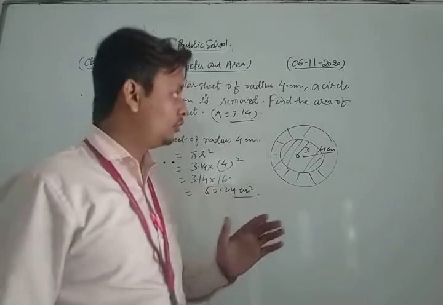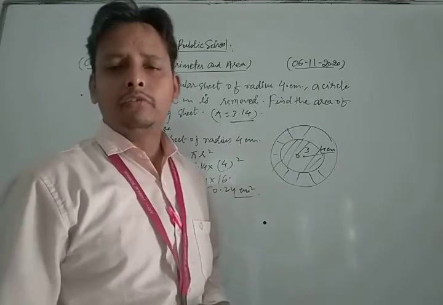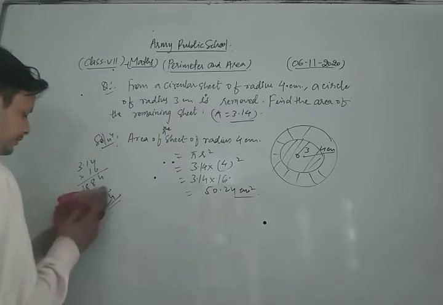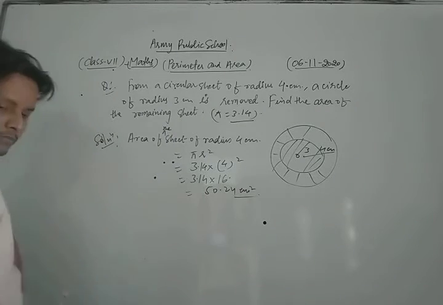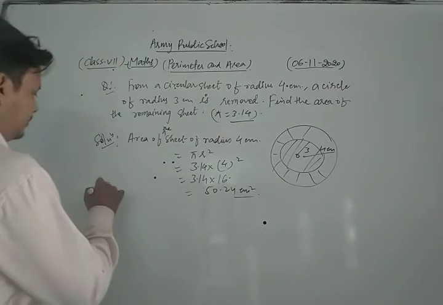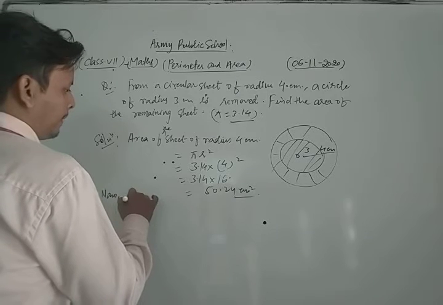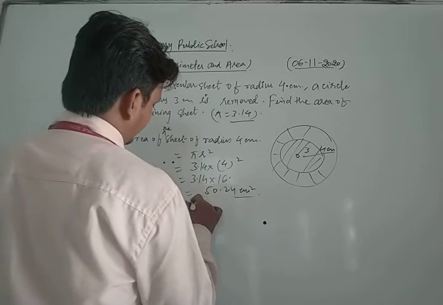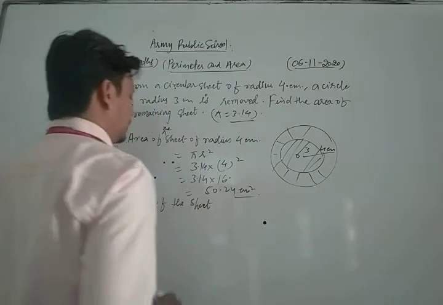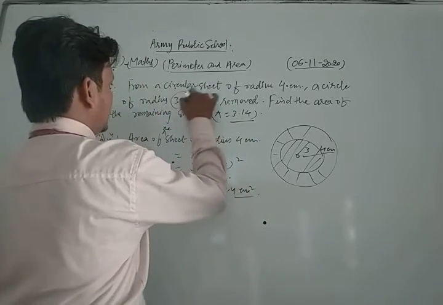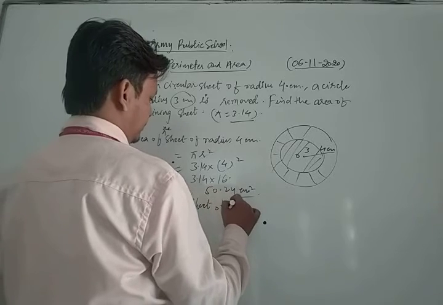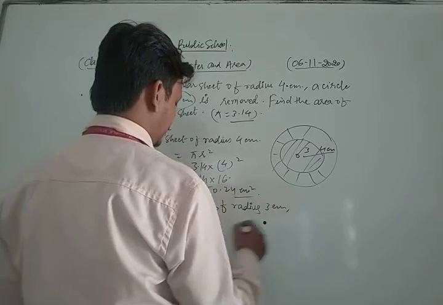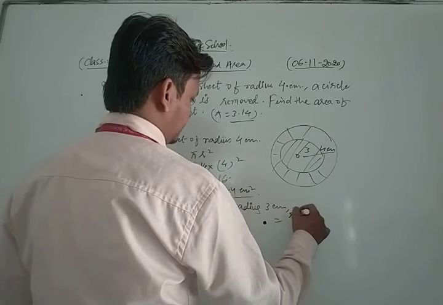Now we find the area of the sheet of radius 3 centimeter. The area of the sheet of radius 3 centimeter is pi r square.